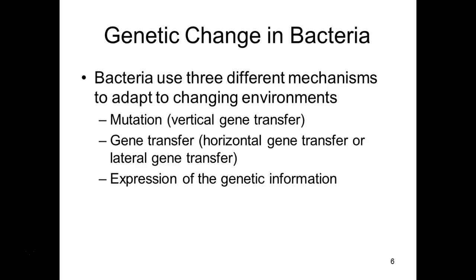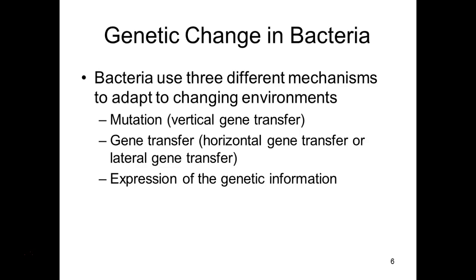So something like conjugation, you guys have probably heard of, right? Some other things that you probably haven't heard of, like transformation and transduction, that we're going to go into more detail after Mardi Gras. And then genetic expression of genetic information.